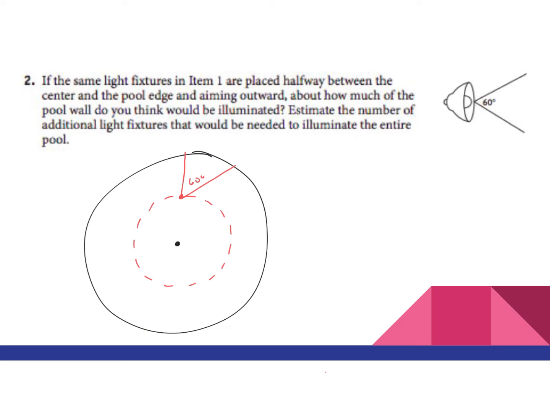Now, what's going to happen is if we did this completely around the whole entire pool, only half the wall is going to be illuminated because we moved in half of the distance. So we're going to say about half of the wall would be illuminated.